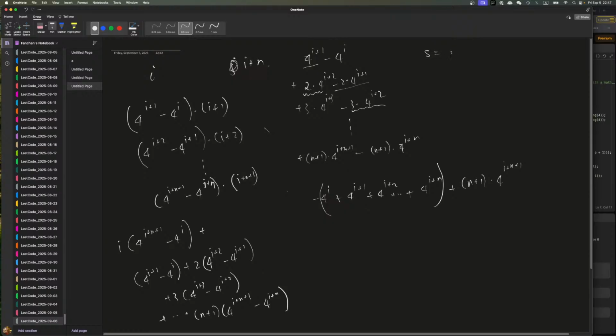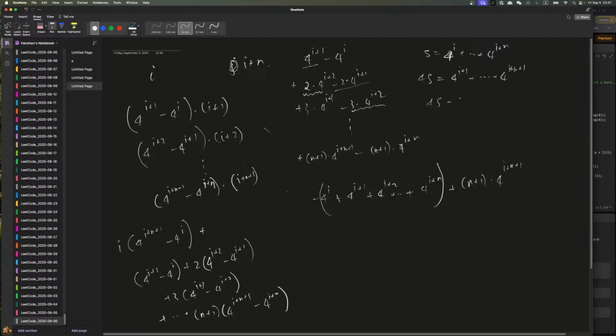Sorry, I have to redo this. So s is 4^i plus up to 4^(i+n), and we multiply by 4. 4s is 4^(i+1) up to 4^(i+n+1).